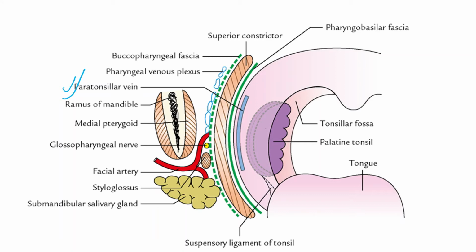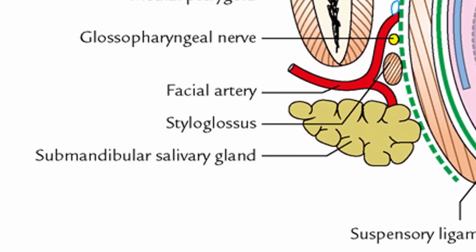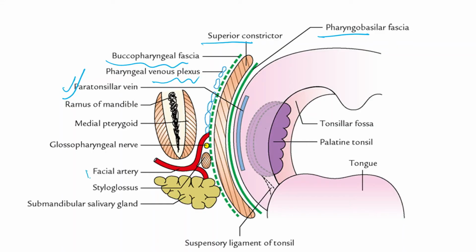The next lateral relation is formed by the pharyngobasilar fascia, the superior constrictors, the buccopharyngeal fascia, and the pharyngeal plexus of veins. The inferior part of the lateral surface is related to one artery, one nerve, and one muscle. The artery is the facial artery, the nerve is the glossopharyngeal nerve, and the muscle is the styloglossus muscle.